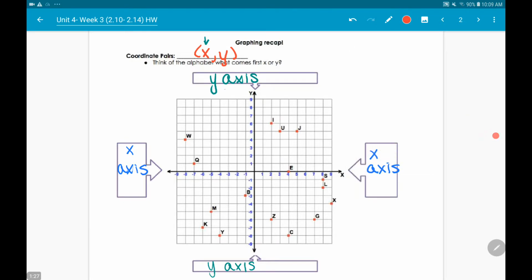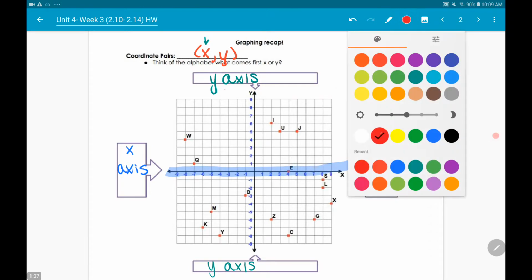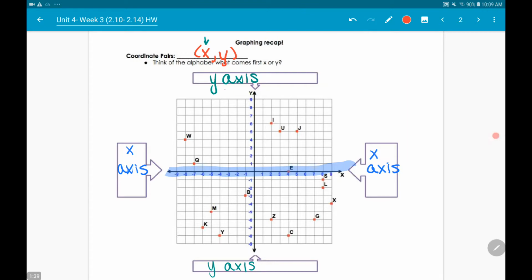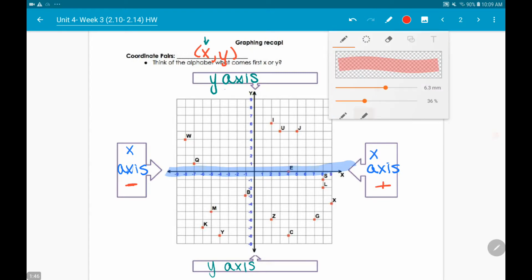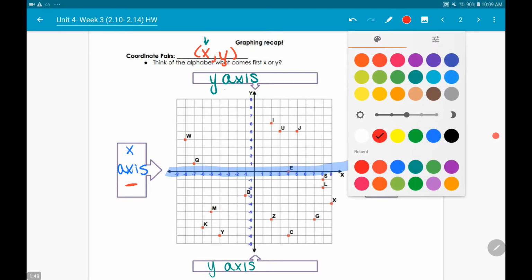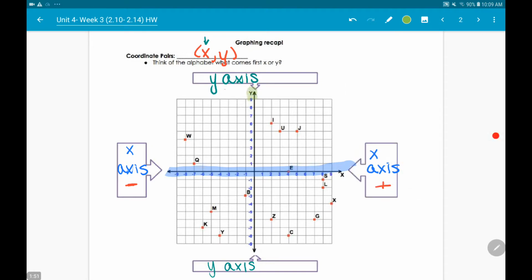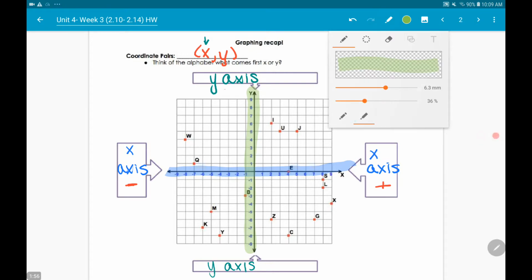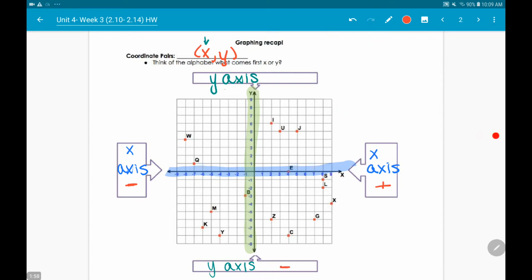Something to note: if I'm looking at my x-axis first, let me highlight this as my x-axis, numbers on the left side are negative, and on my right side are positive. The same thing goes for my y-axis, except now I'm looking at numbers up and down. Numbers that are down are negative and up are positive.